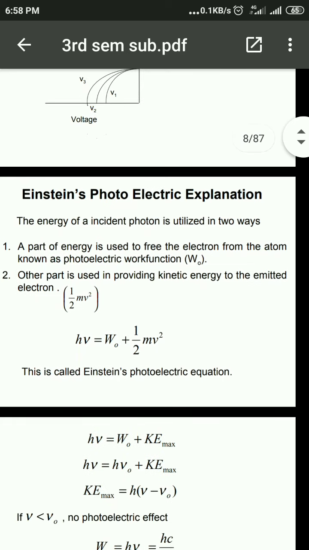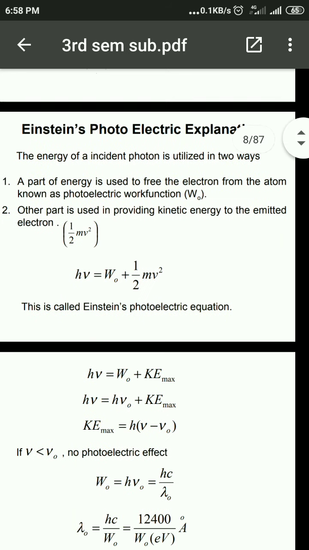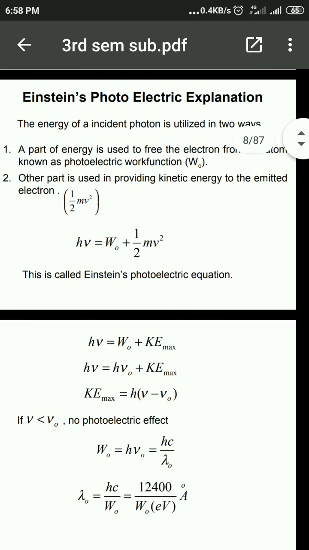Okay, so the next slide shows the photoelectric equation, which says that the incident photon has energy h nu, and some part of this h nu energy is used to eject the electron from the metal surface, and the remaining part is given to the electron as its kinetic energy.